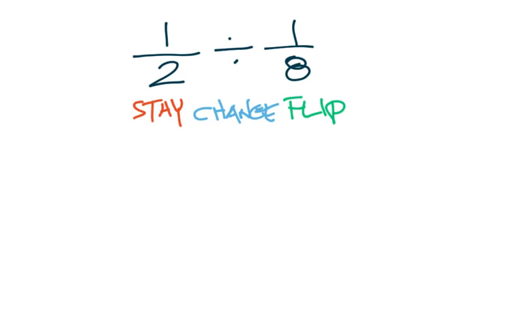And those 3 simple words help us, because the stay means that this 1/2 is just going to stay as 1/2. The change, remember, division is multiplication of the reciprocal. The division refers to that I'm going to change that to multiplication. And then the flip refers to the reciprocal. So I'm going to turn this into 8/1.